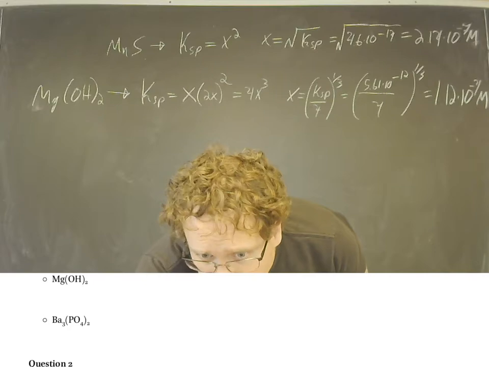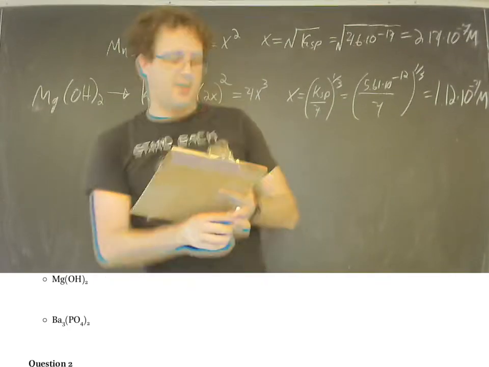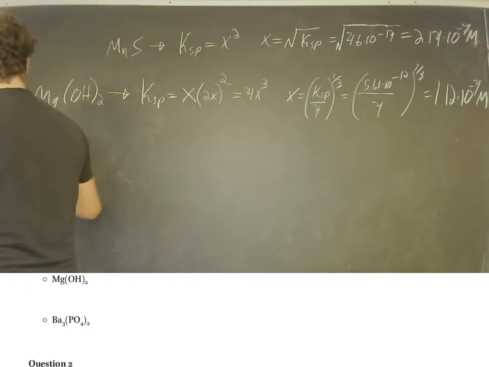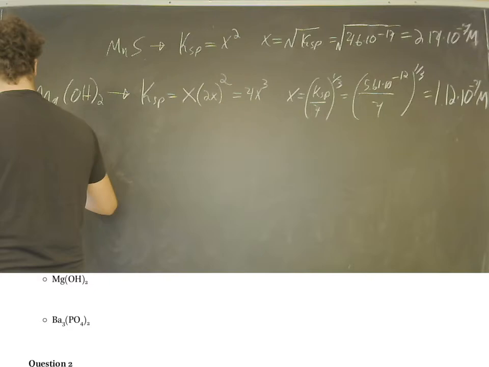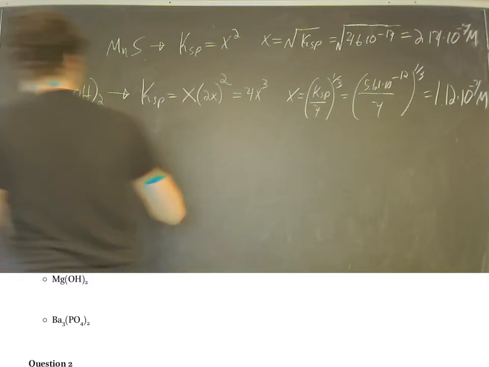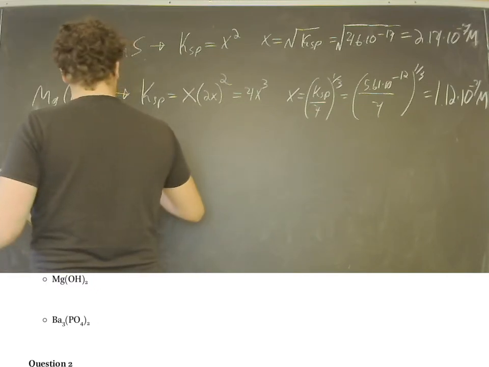And now we'll scroll down to the barium phosphate, Ba3(PO4)2. This is going to give us an equilibrium expression where the KSP is going to equal the barium concentration.